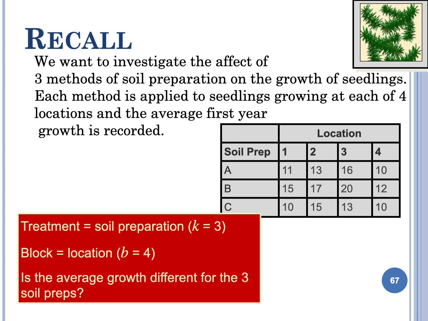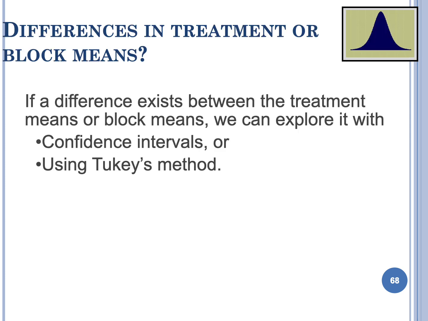And we would like to know, is the average growth different for the three soil preparations? If we would like to see more explicitly whether a difference exists between the treatment means or block means, we can explore it using the confidence interval method, or we can use Tukey's method from the previous session.